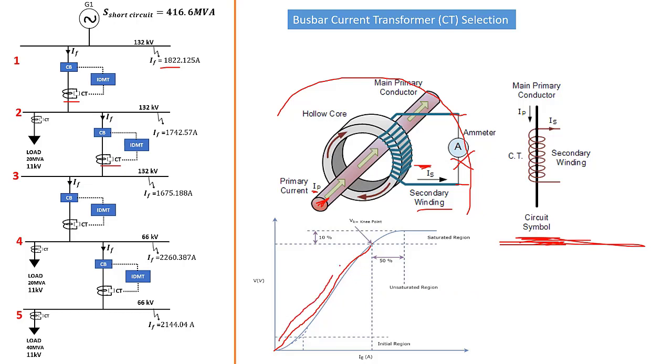Because as long as we are in this region here, we are operating within the rating of the current transformer. But suddenly when a high current that exceeds the rating starts to pass, we get out of the linearity region. We get into the knee point voltage region. So this happens when the output current stops following the input current.